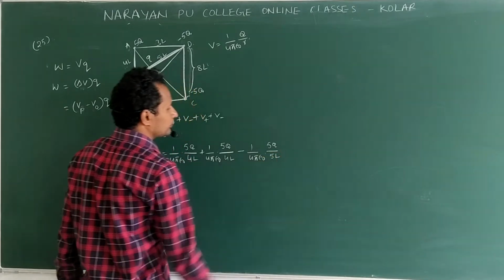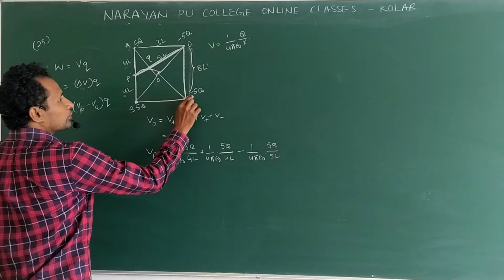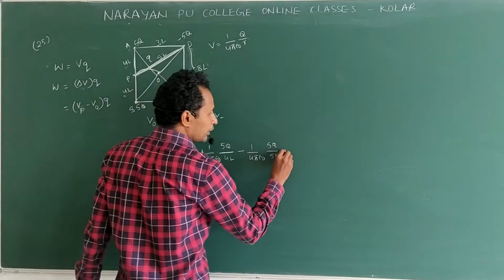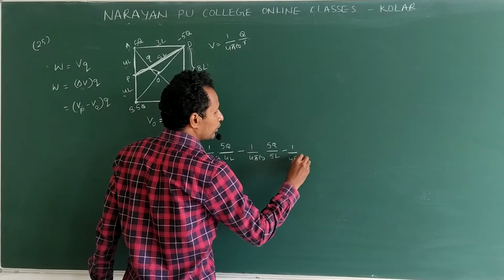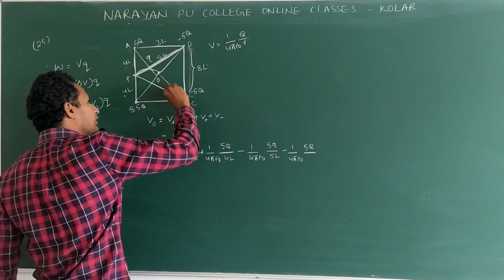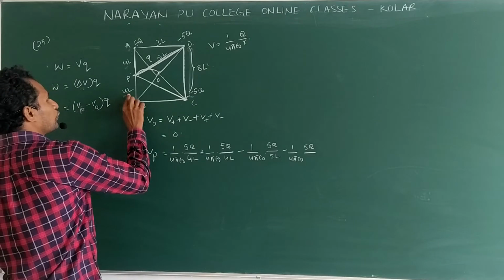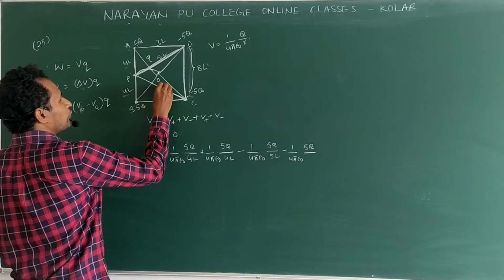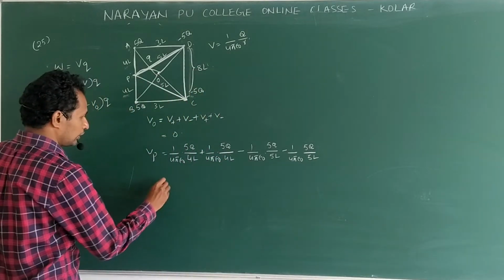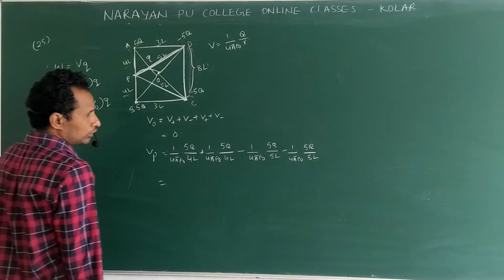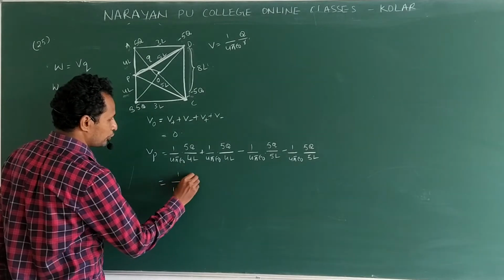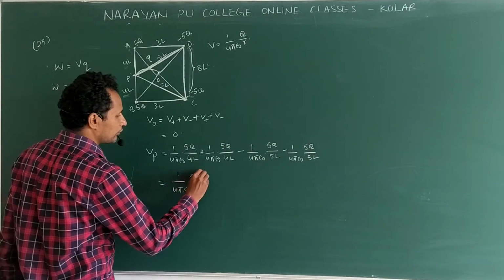So 5L. Next, potential due to the other negative charge at P. Again minus is there, so I am writing minus 1 by 4 pi epsilon naught 5q by, again this distance will be same. This is 4L, this is 3L, and this will be 5L. So 5L.